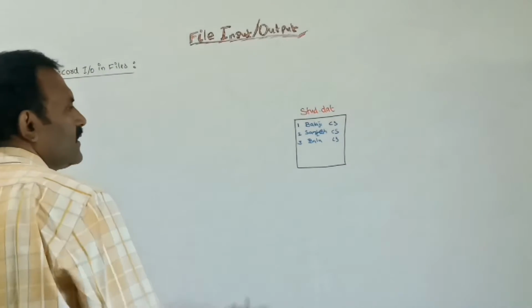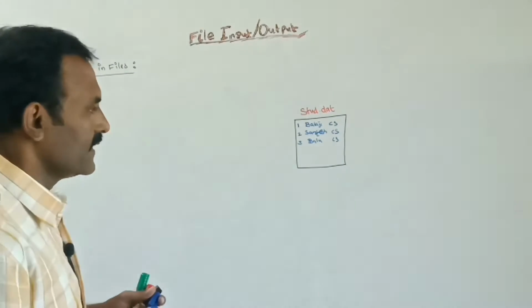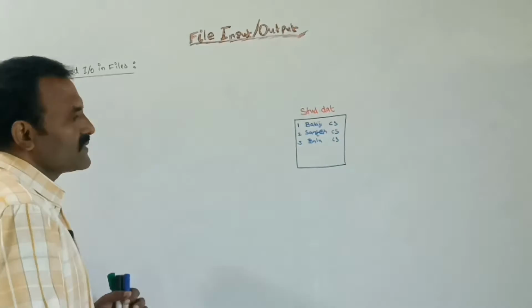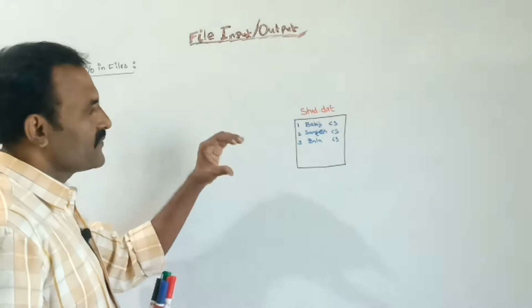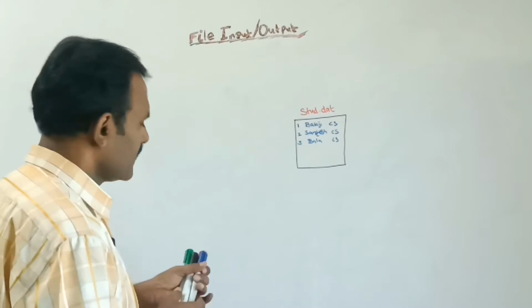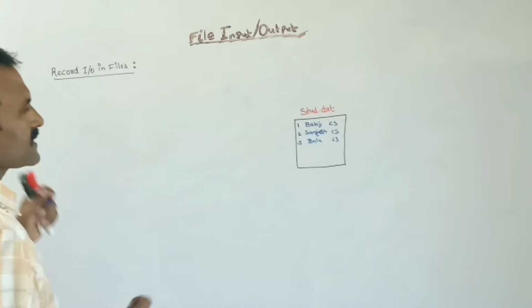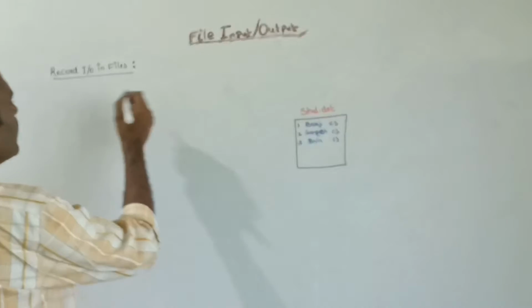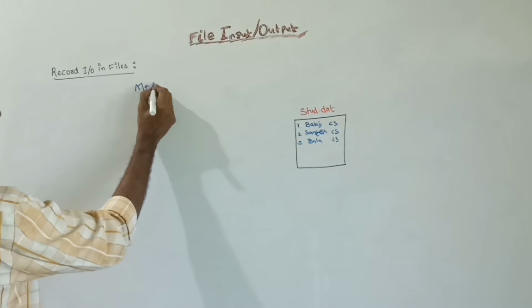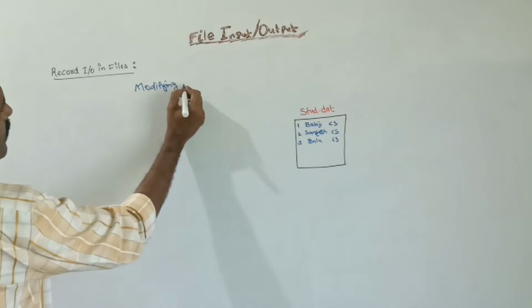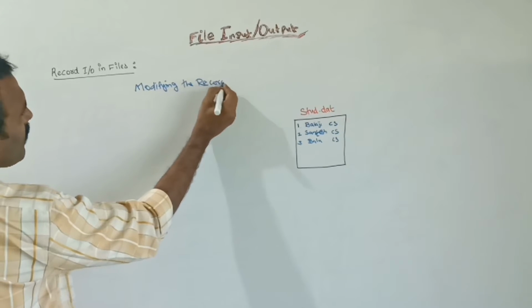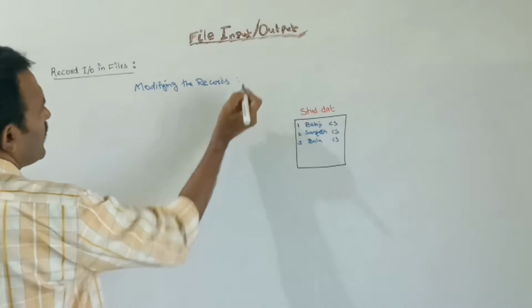See here, there were 3 records in the file. So suppose we need to modify a record inside the file, then what are the steps we need to do? Now let us see, modifying the records in a file.